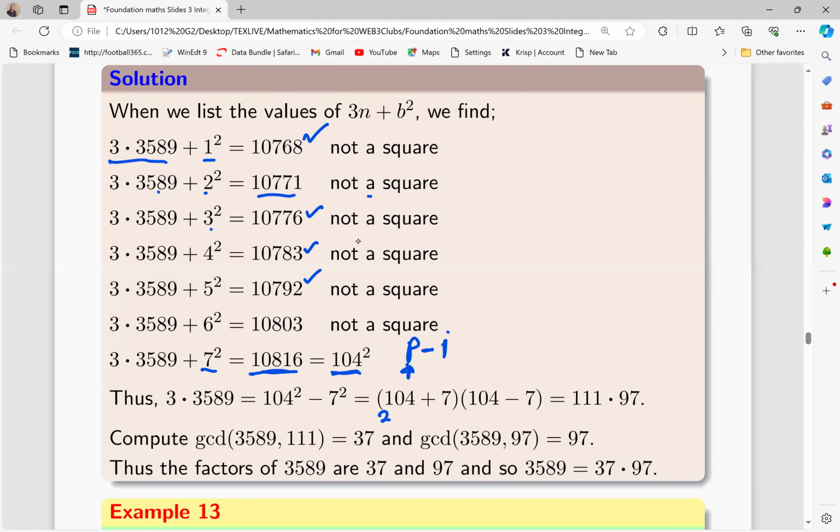Now, so I have this P and I've subtracted 1 from it, and then I multiply this result by 2, for instance. Just looking at this first step. When you multiply this result by 2, whatever you get here is not a perfect square.